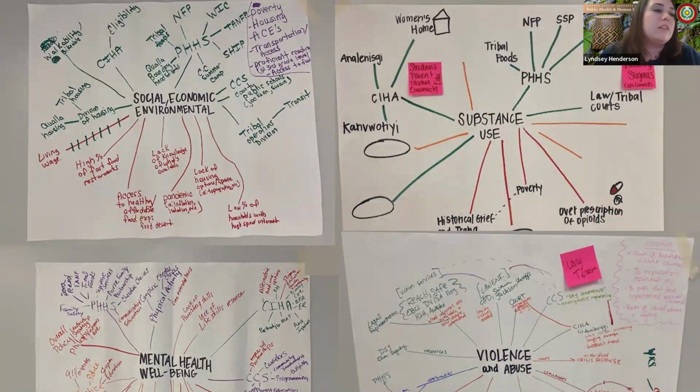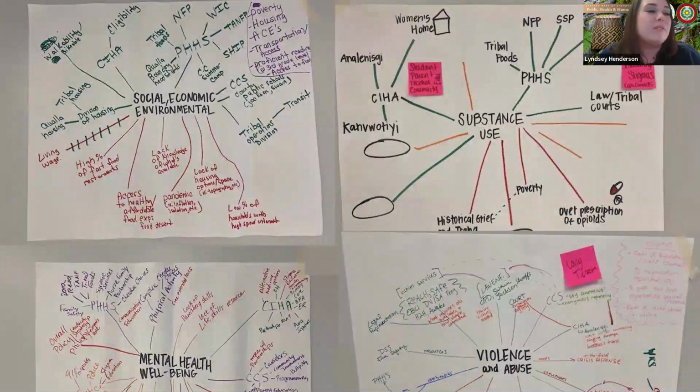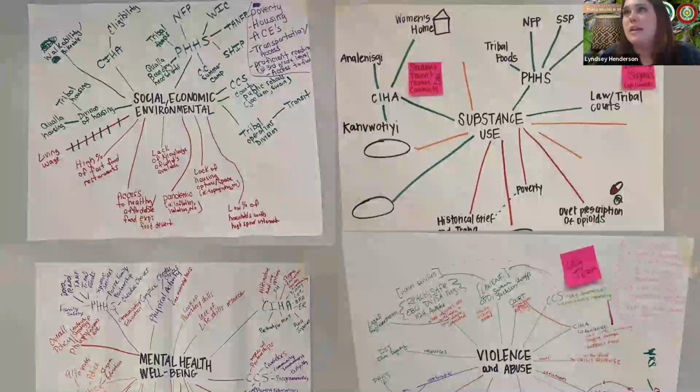And these results were later shared at one of our community tribal health improvement process meetings. And they really love this. So at the next meeting, we gave them an opportunity to add on to this. So I will say, if you end up doing this activity, save these pieces of paper or be able to replicate them, that way people can add on to them.